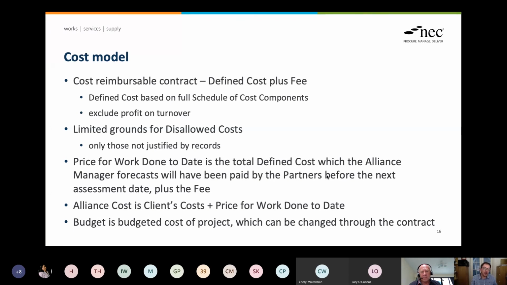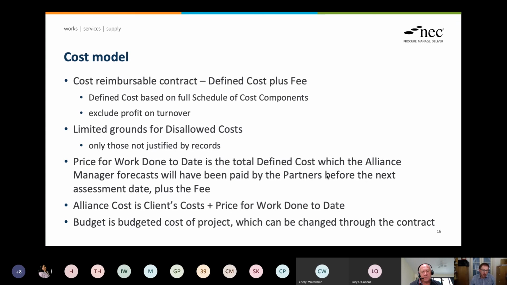There is a mechanism in the contract, a little bit like the pain gain share mechanism, where the budget is compared with the alliance cost. If the alliance cost is below the budget, we're in a saving situation, whereas if it is above the budget, we're in an overspend situation. The consequences of saving or overspend are then dealt with in the performance table.